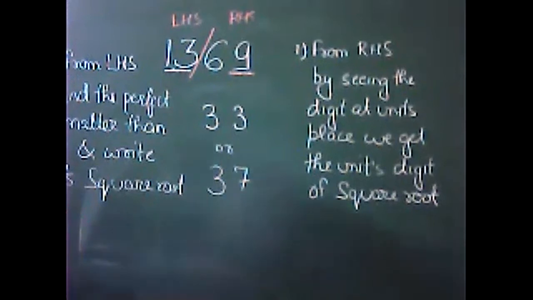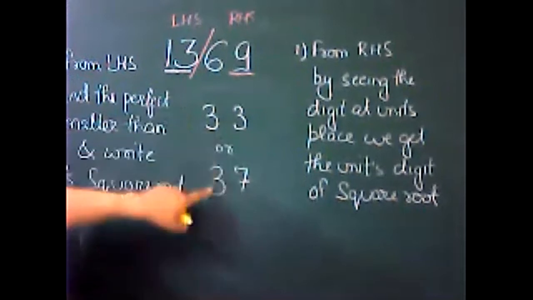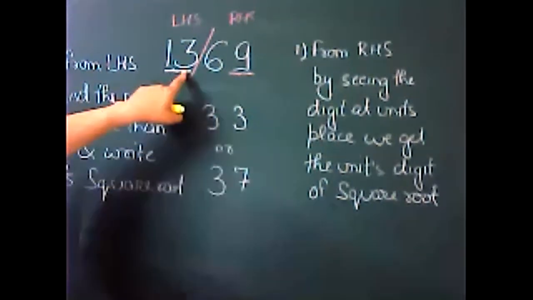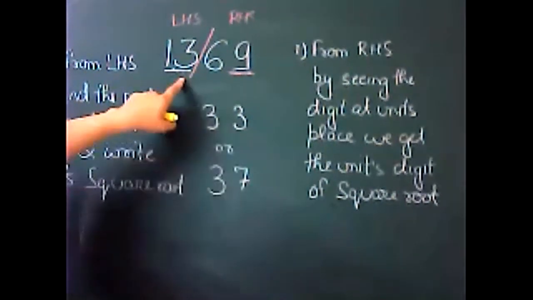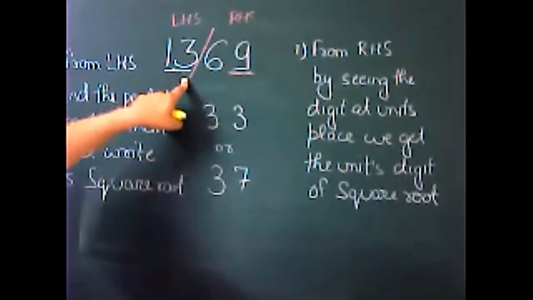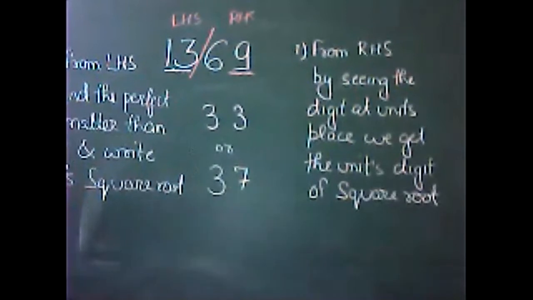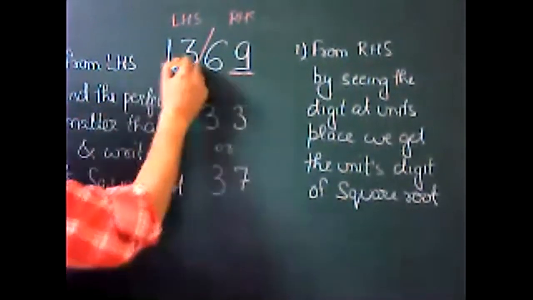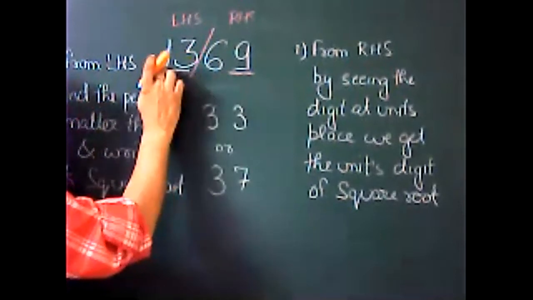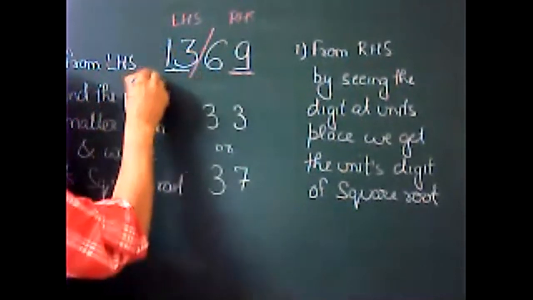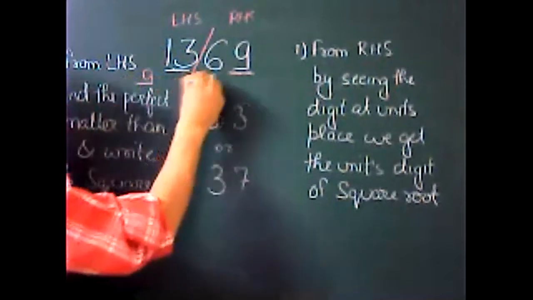Okay. Now the third part, which is the most important: which of the two is actually the perfect square root of 1369? To select it, I am going to write the perfect squares smaller and larger than 13, which are 9 and 16.